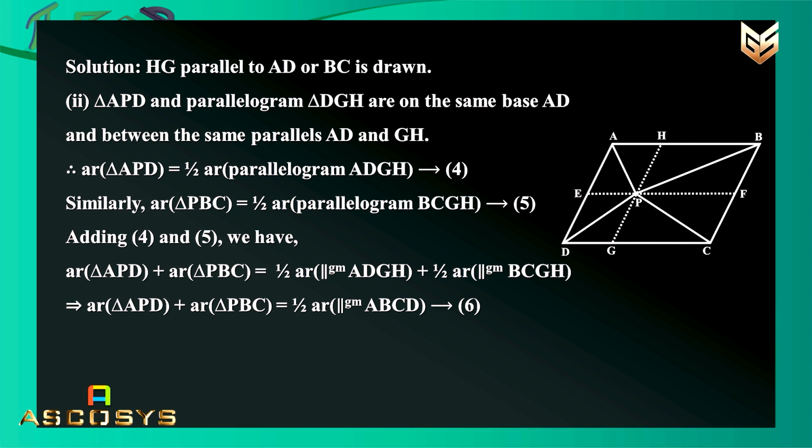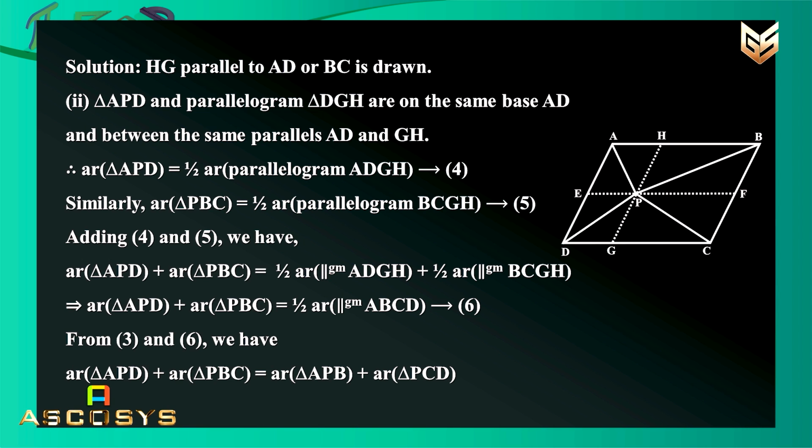Let it be equation number 6. Now from equation number 3 and equation number 6, we have area of triangle APD plus area of triangle PBC is equal to area of the triangle APB plus area of the triangle PCD.